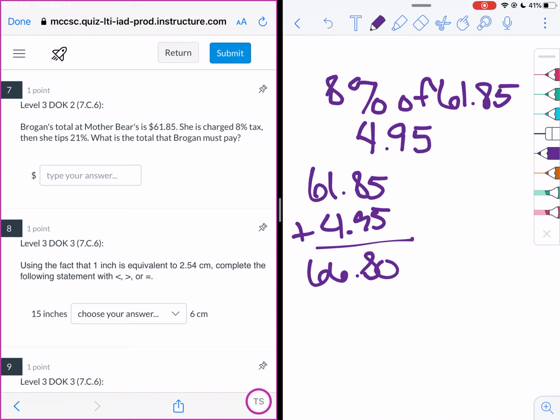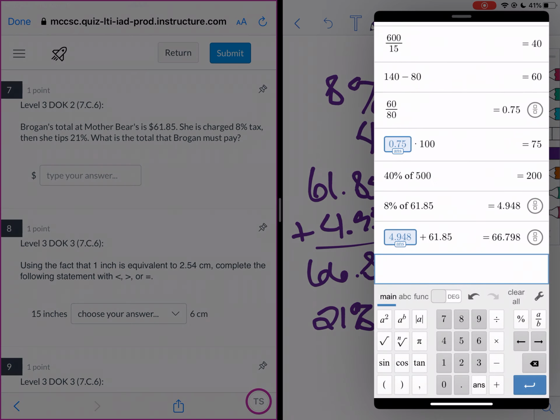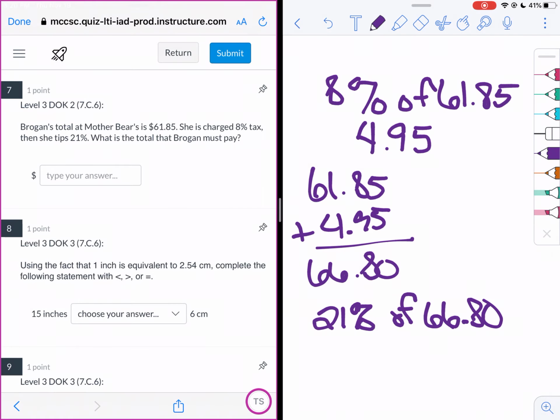So then now we have to find the tip. So now we're doing 21% of $66.80. Is $14.03.